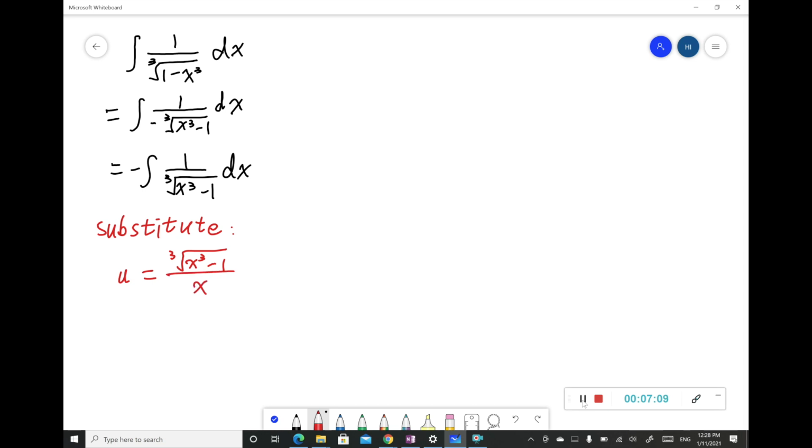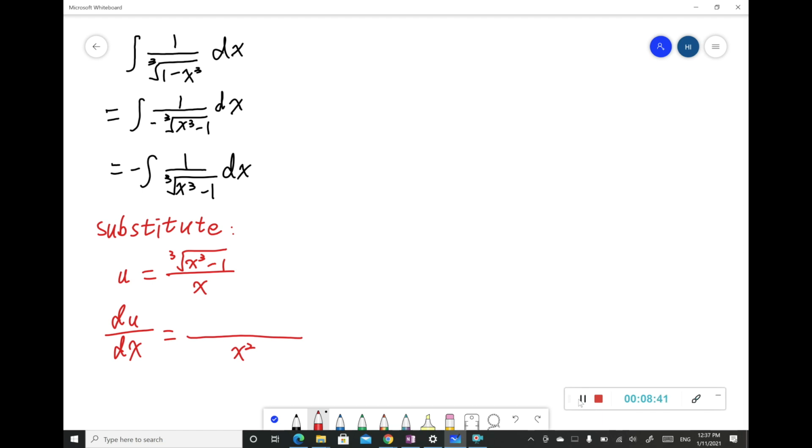Why do I want to use this form? Since du divided by dx will be equal to something with x squared.